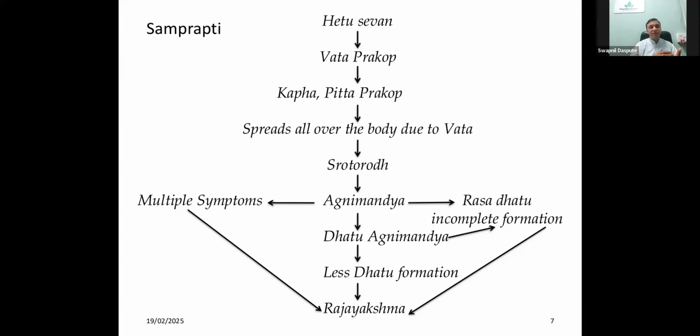So when we see the entire pathogenesis, the samprapti, it starts from vata prakopa, and there is depletion of the Jatharagni, of the Dhatu Agni, improper or less formation of the Dhatus.